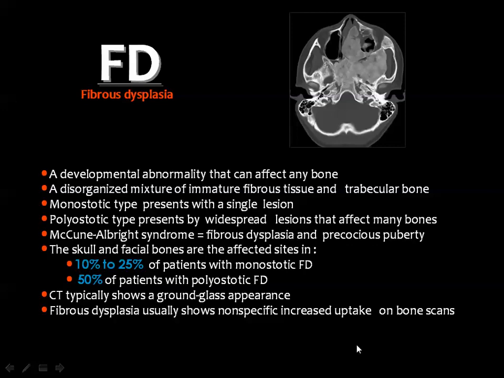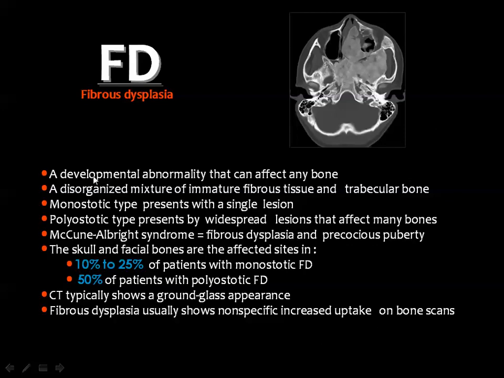Then finally, we came to some words about fibrous dysplasia and Paget disease. We have mentioned a lot about fibrous dysplasia in the section of anterior and middle skull base.